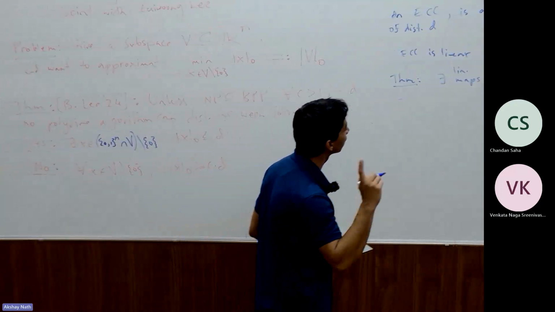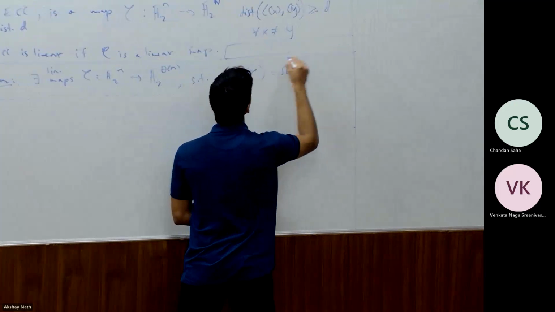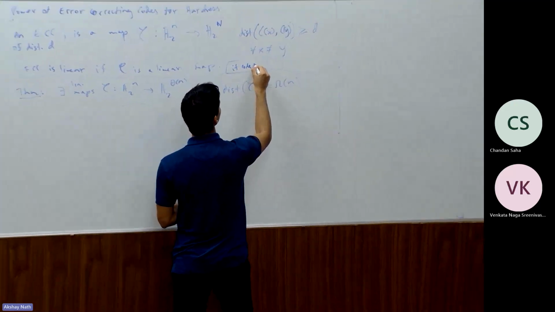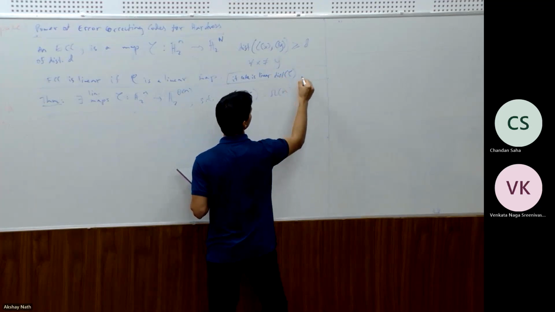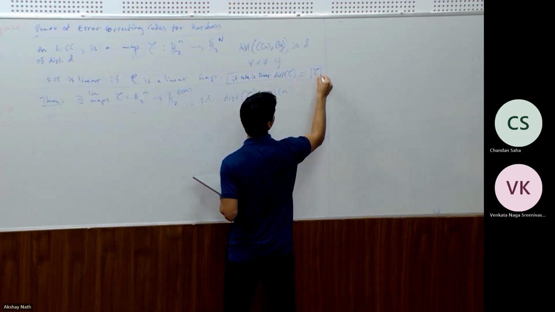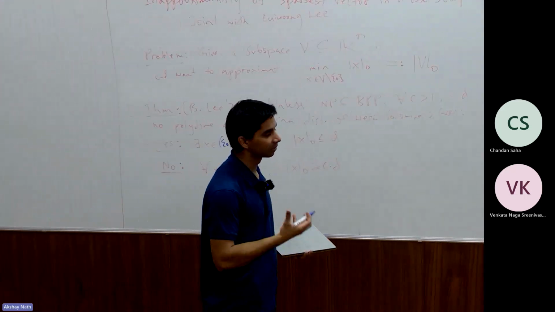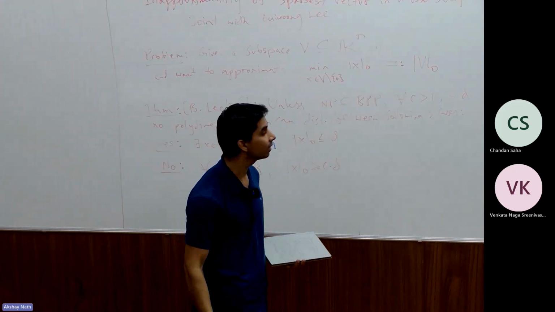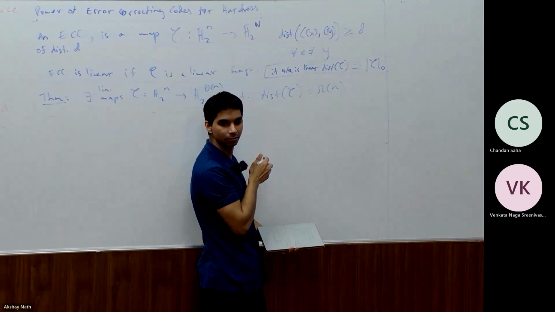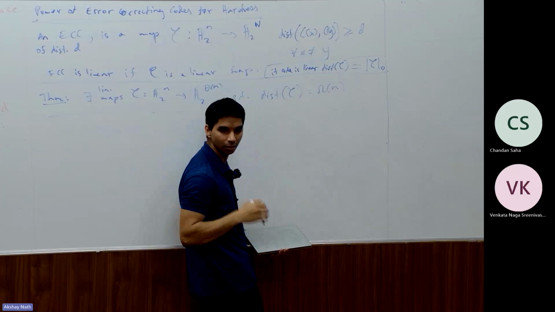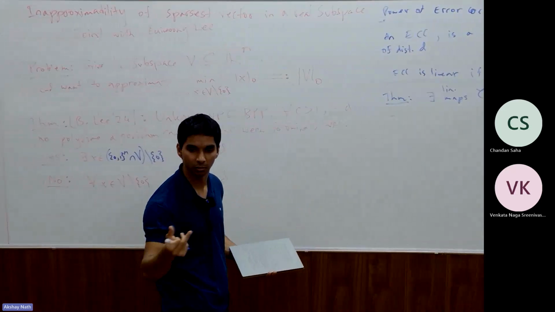One final comment: if the code is linear, the distance of C is equal to the sparsity of the sparsest non-zero vector. The reason is you can replace C of x by 0 here. So the distance to C of 0 is equal to the smallest distance between any two points, because of linearity.